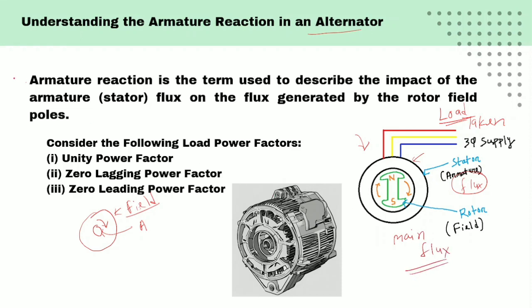So what is armature reaction? Armature reaction is the term used to describe the impact of the armature, that is the stator flux. The armature is stationary, that's why it is the stator. It is different from the DC machinery; here stator means static, not moving, while the field is rotating. So the armature reaction is the impact of the armature flux on the flux generated by the rotor field poles.